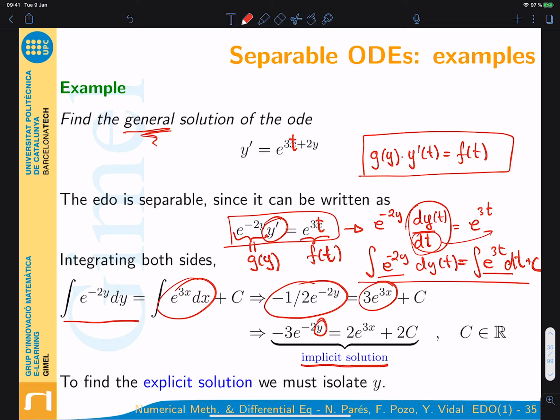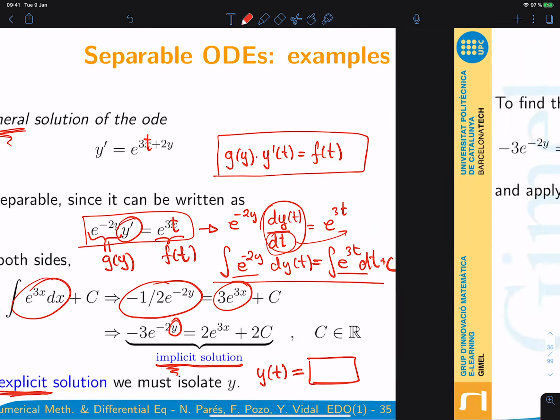So it's the solution. But it's called implicit form because y(t) is not isolated. When y(t) is isolated, when we have an expression like y(t) equals an expression that does not depend on y, then we say that is the explicit solution, okay?